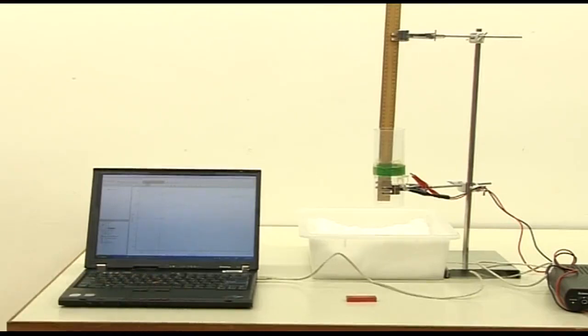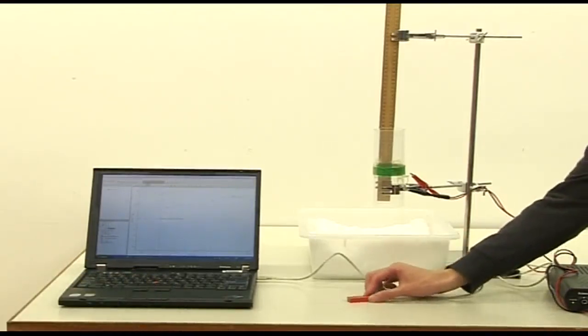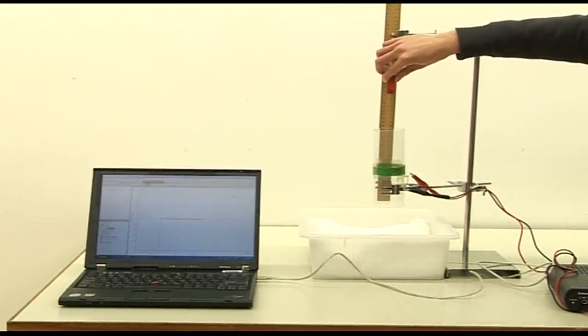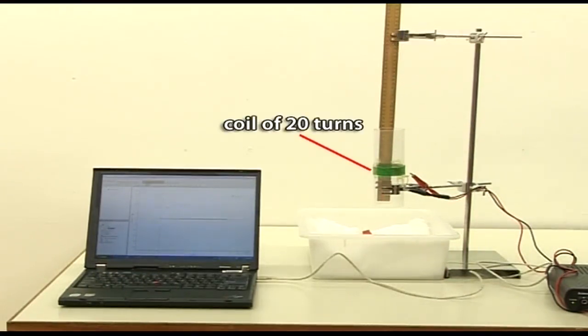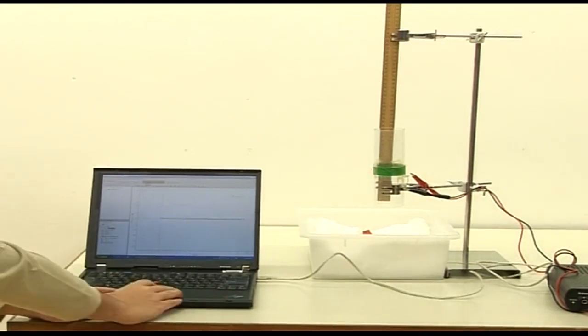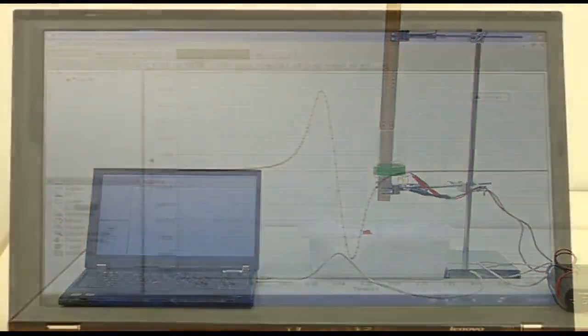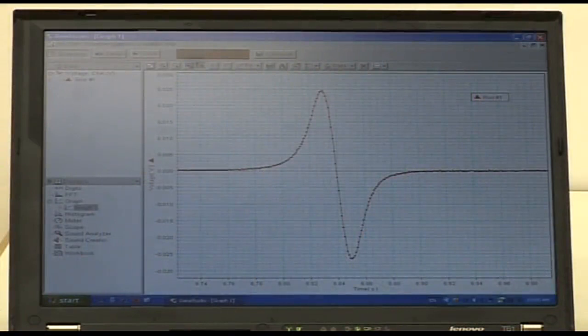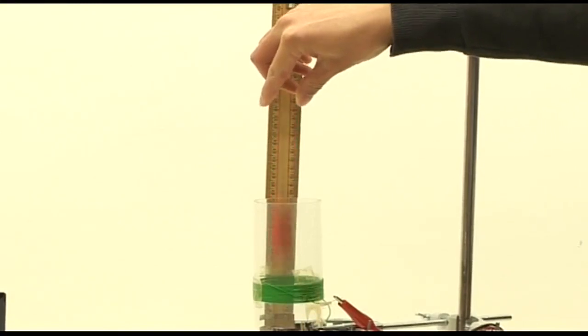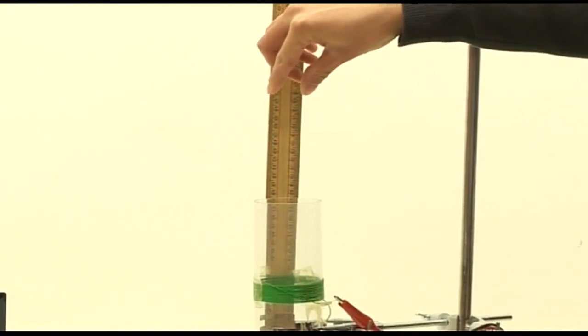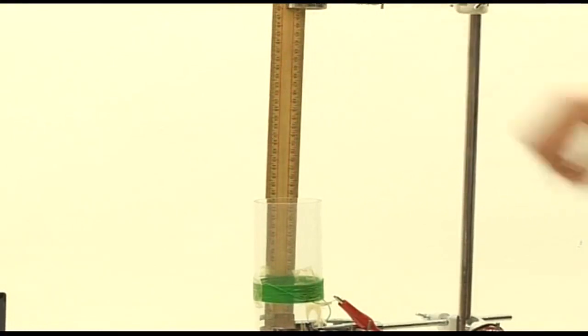Start data recording and drop a bar magnet from a height of 20 centimeters above the coil with the north pole facing downwards. Stop data recording. Observe the voltage time graph plotted in real time. What happens to the induced EMF in the coil when the magnet enters and leaves it?